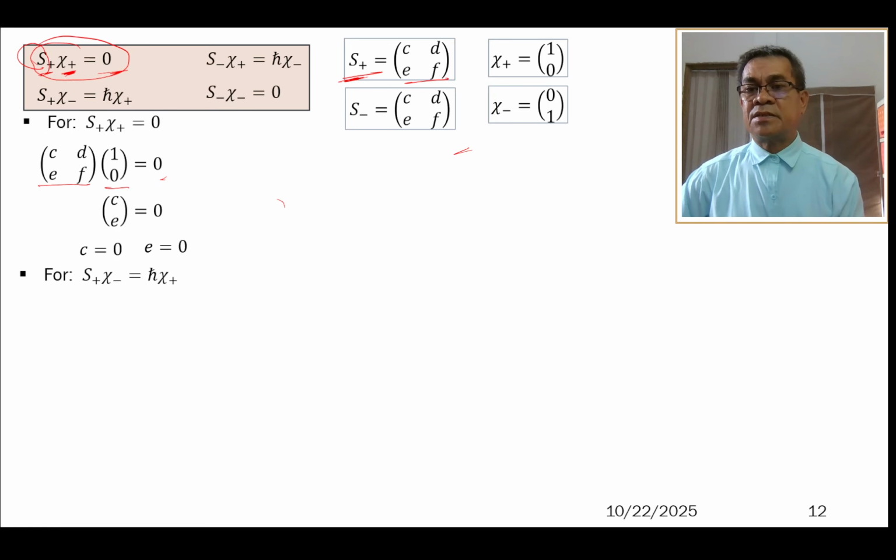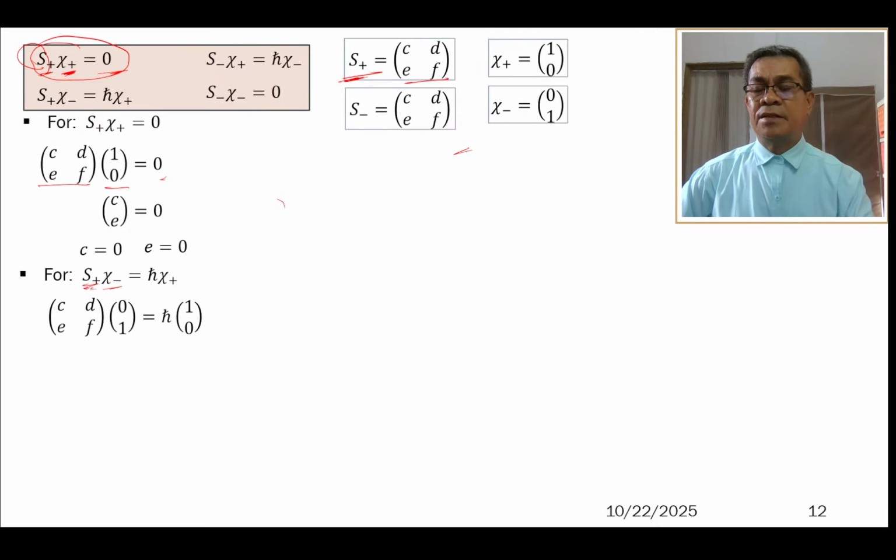Okay, now next, substituting the value of the raising operator to the spin down, then we have that. Combining this 2 by 2 with 2 by 1, then of course you have to do the matrix algebra, multiply and add, then we come up with that result. And of course, D is equal to H bar, while F is equal to 0. So we have now these values.